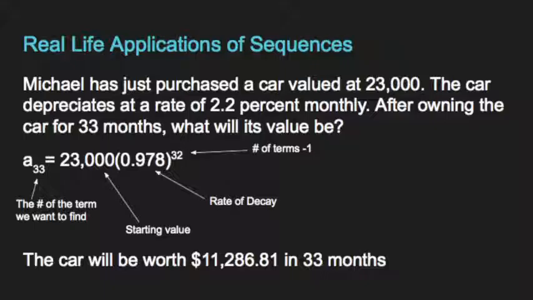That is because of the way explicit equations work: to find the 33rd term in this case, you have to raise it to the 32nd power because of the n minus 1 that is present in the explicit formula. And so after you crunch the numbers, the car will be worth $11,286.81 in 33 months.